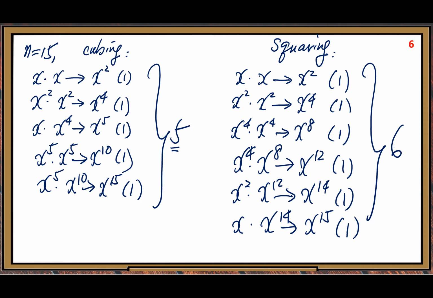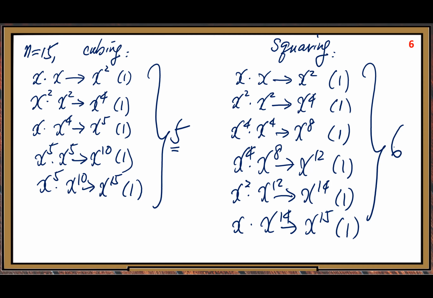So here there is a general question. I do not know the solution myself. The general question is like this: given an arbitrary positive integer n, how to get the fastest computation, or smallest number of multiplications, to find x to the nth power.